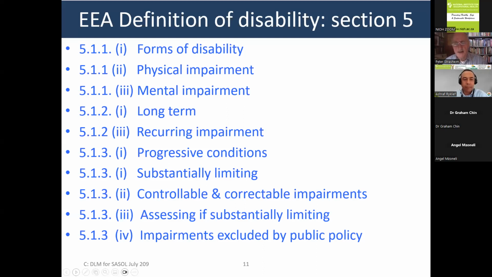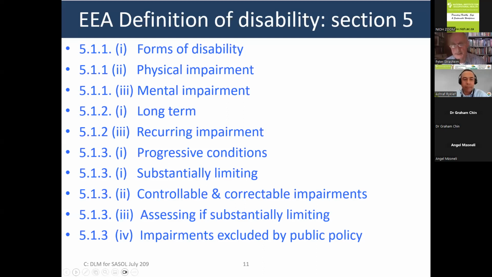There are certain controllable and correctable impairments that we excluded from the definition of disability, and also it becomes necessary to assess if the impairment is substantially limiting. Certain impairments are excluded for public policy reasons, and if all those conditions are satisfied that you see on the slide, the person will be disabled under the Employment Equity Act and not incapacitated under the Labour Relations Act.